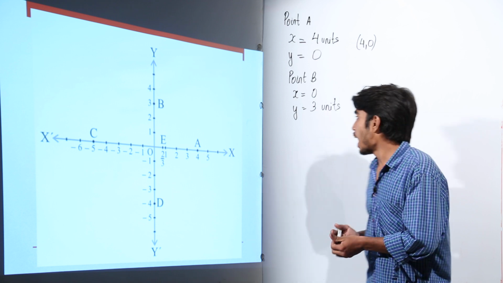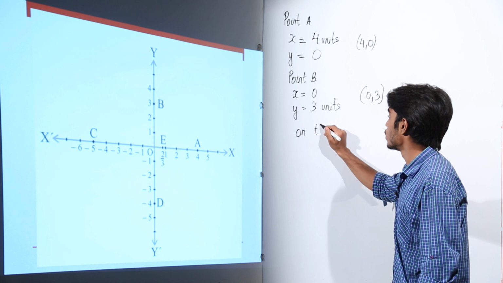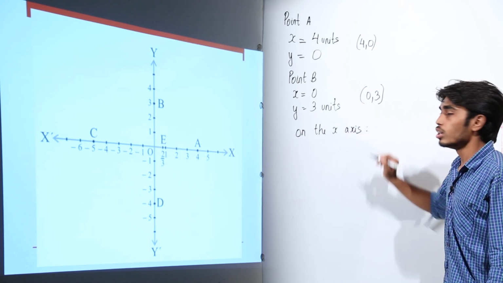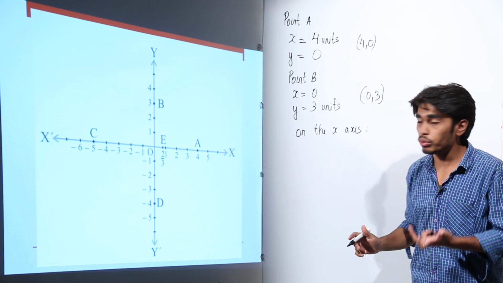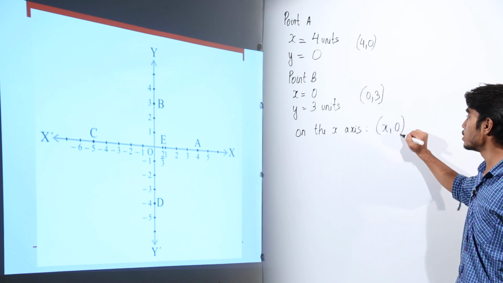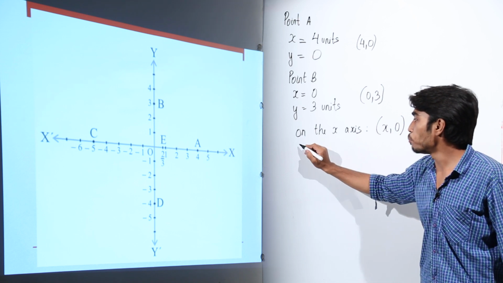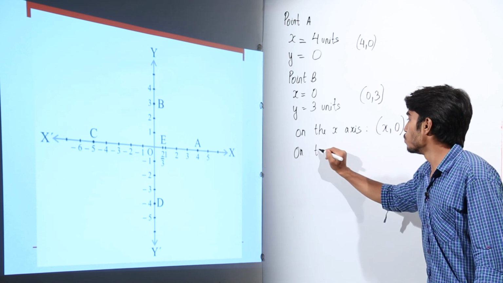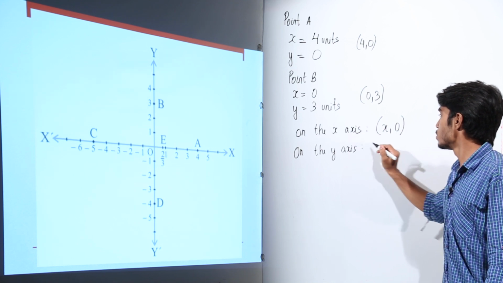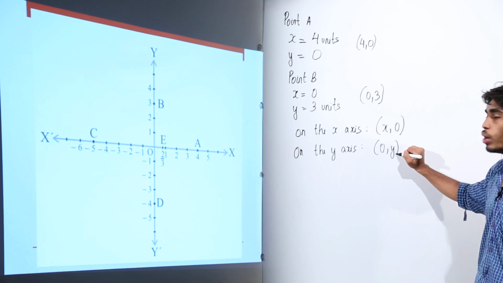So let's say if I want to mention a point on the x-axis, and the distance is x units, I can write the coordinates as x comma 0, because the y coordinate would always be 0. And if the point is on the y-axis, the coordinates would be 0 comma y, right?